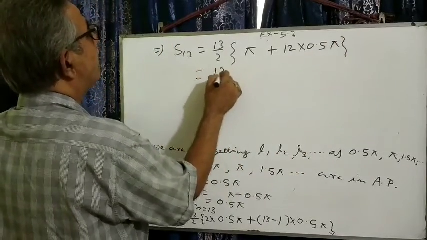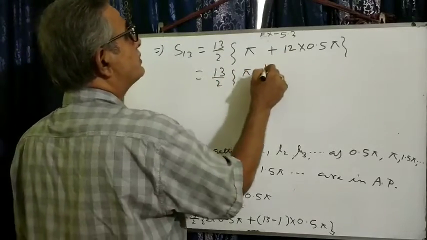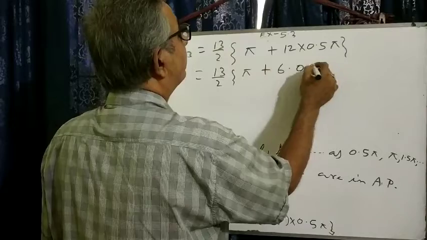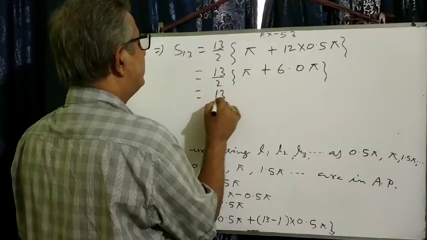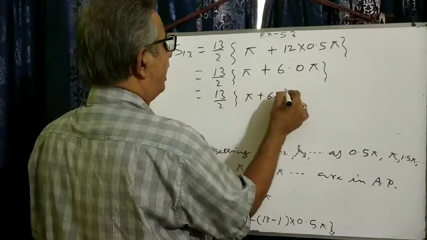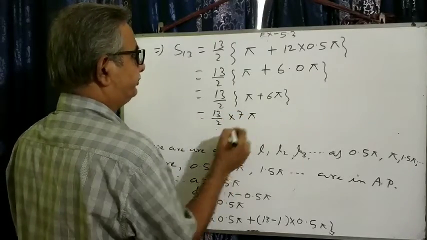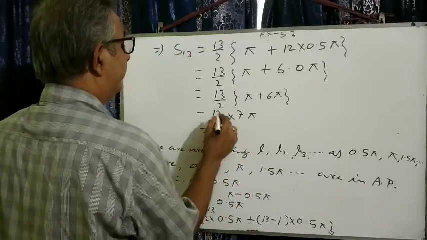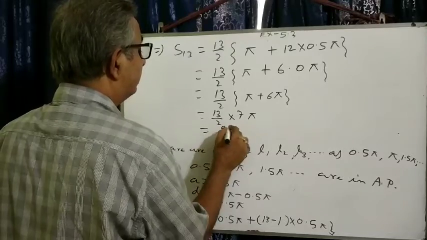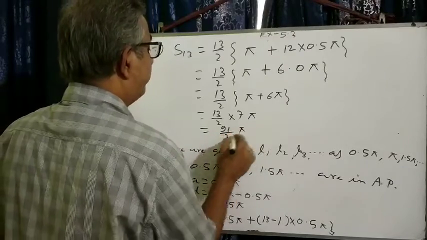You calculate, my dear students: 12 into 5, you are getting 60, so 6.0 pi. That means 13 by 2 into pi plus 6 pi, which is 13 by 2 into 7 pi, that is 91 by 2 pi.